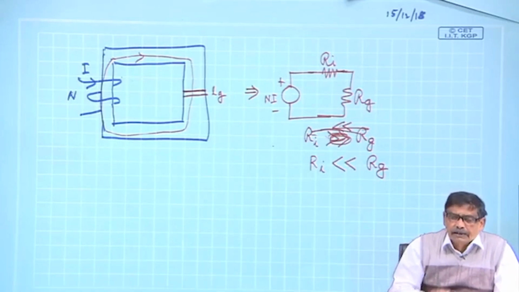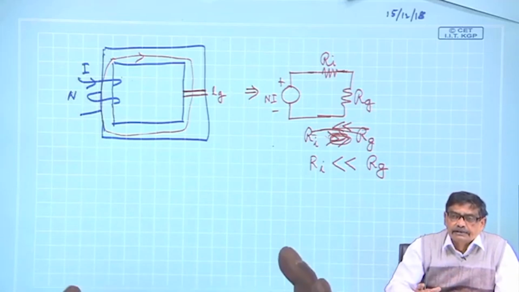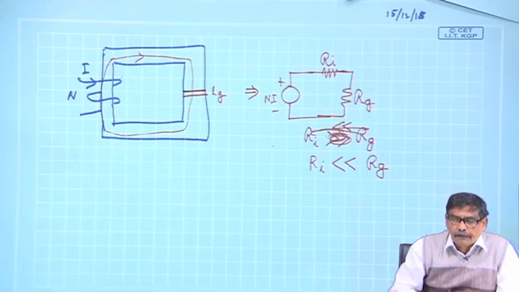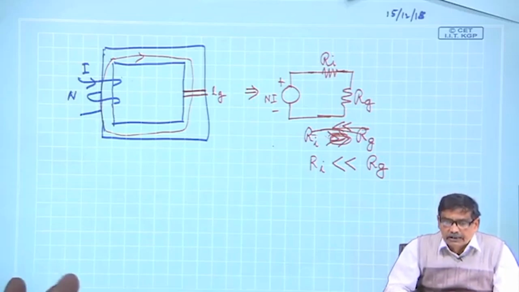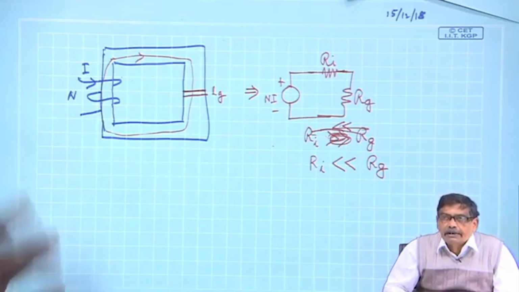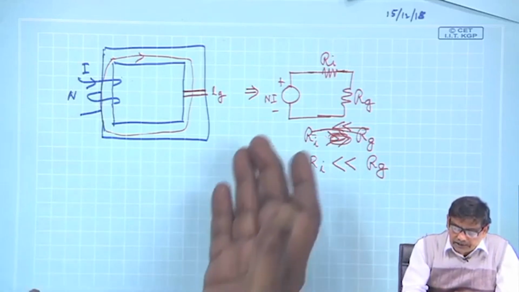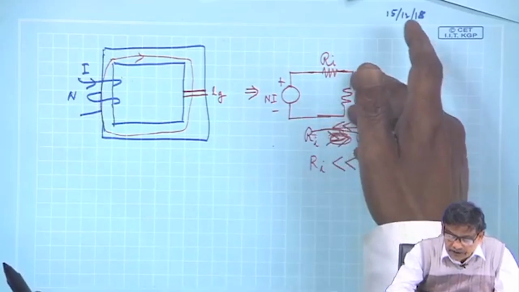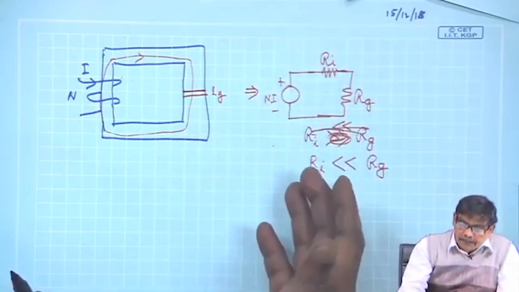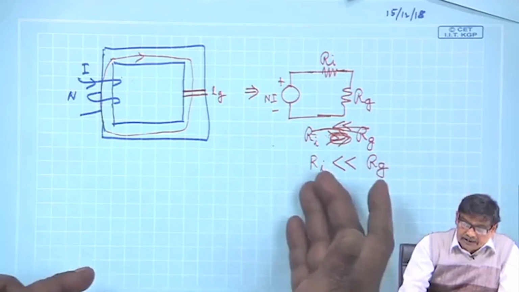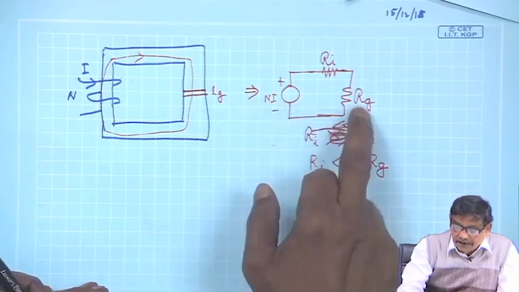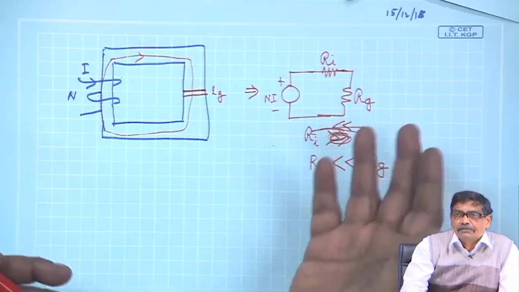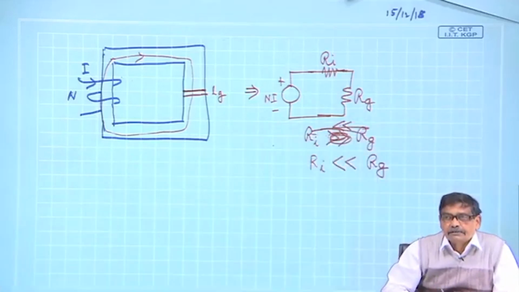Imagine a circuit having a low resistance and a high resistance in series, connected to a source. Since they are connected in series, the current will be the same. Therefore, all the voltage will appear across the high resistance. Similarly, you can assume that all the MMF will be dropped across Rg. In such a scenario, if Rg is many times higher than Ri, you simply divide the total MMF by Rg and quickly get the flux produced, MMF by reluctance.